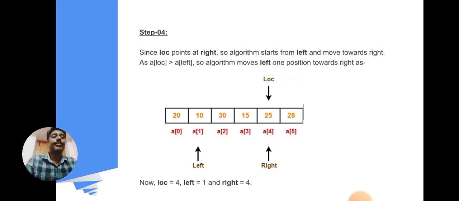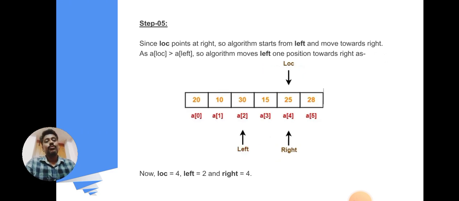Then the location pointer is moved to A of 4. After that, A of location is compared with A of left. Here A of location value is 25, and A of left is 10. So A of location greater than A of left means we can move the left pointer one position to the right side. The picture shows clearly the movement of the left pointer.